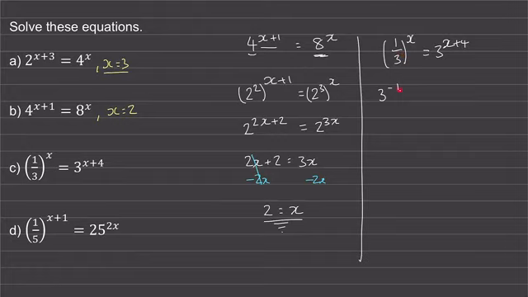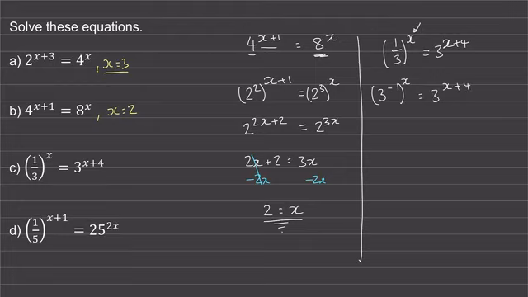Don't confuse this 1 with this 1. The 1 over means the negative power. And now we're raising this to the power of x, which is this x here. And this is equal to 3 to the power of x plus 4.